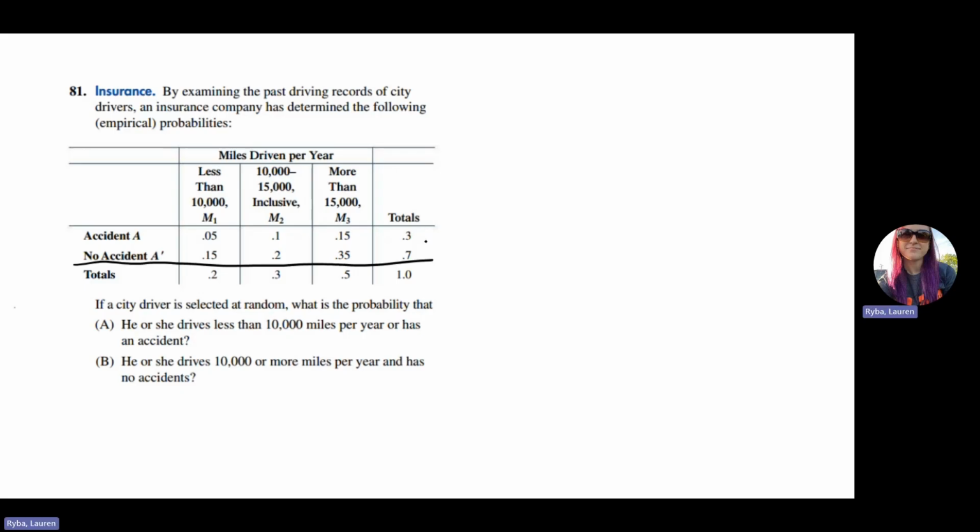So let's see. First question says, the probability that he or she drives less than 10,000 or has an accident. So less than 10,000 is this column. So there's my total, 0.2. Or has an accident. Accident is this row here, 0.3. But when I pair a row and a column, there is an overlap.